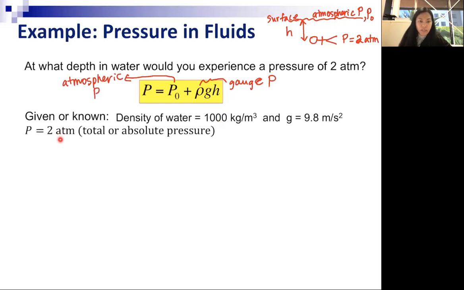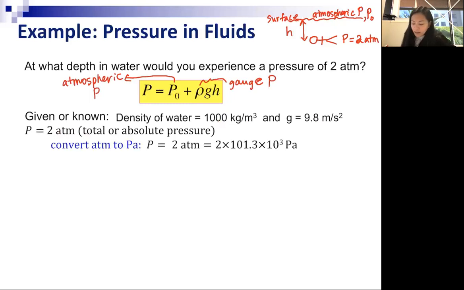It's 2 atmospheres. Remember, atmosphere is not the standard unit, so you have to convert that to pascals. The conversion factor: 1 atmosphere is equal to 101.3 times 10 to the 3 pascals. That's the conversion factor that we've seen a couple of slides back.